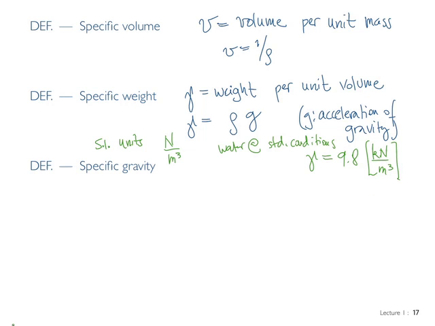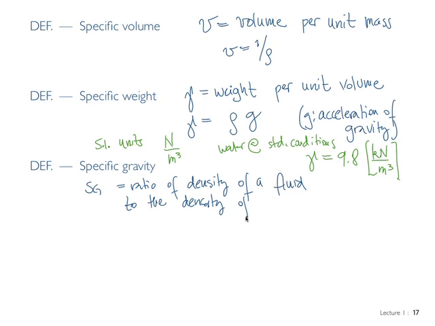Specific gravity, we use just the letters SG for that, is the ratio of density of a fluid to the density of water.